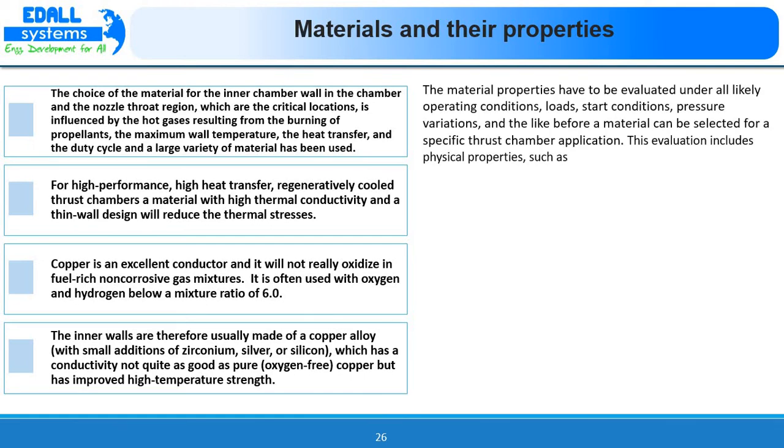The material properties have to be evaluated under all likely operating conditions, loads, start conditions, pressure variations, and the like before a material can be selected for specific thrust chamber applications.